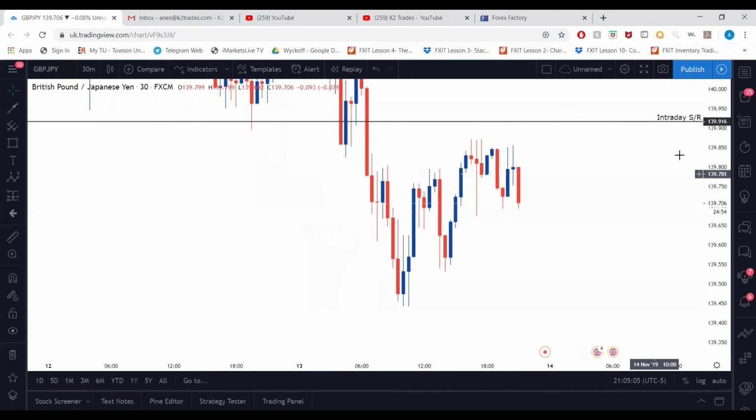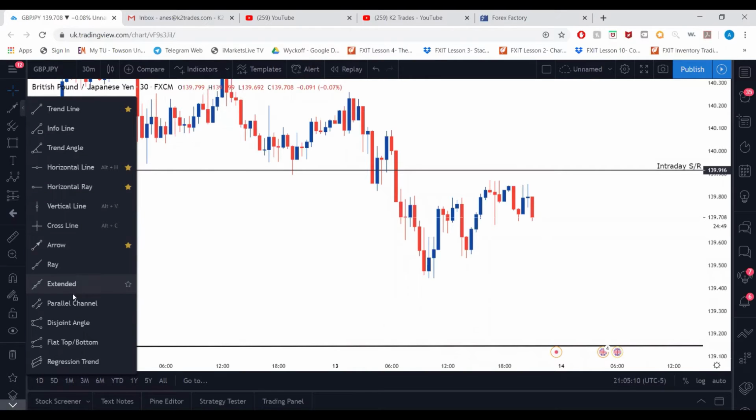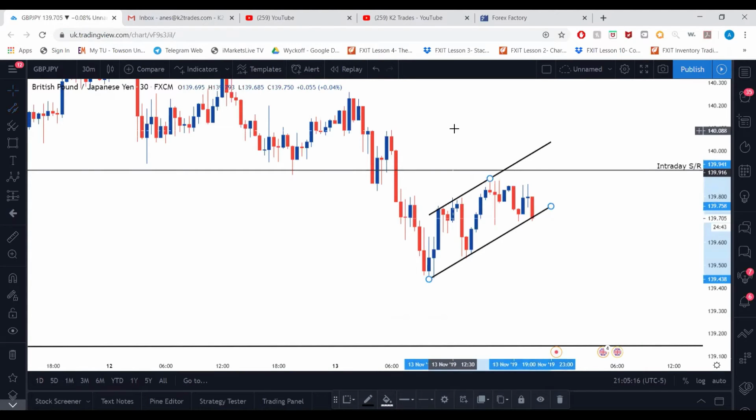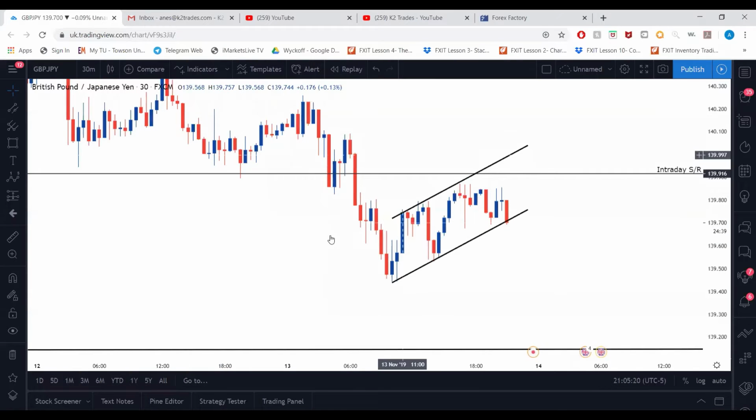And besides that, before I bring K2, one of the beautiful things I like personally is what I'm gonna mark now for you. Oh, a rising wedge. Yep, there you go.